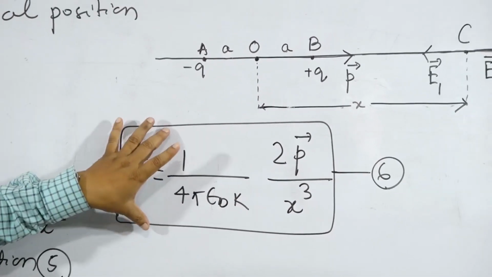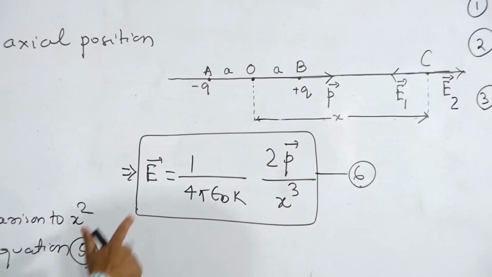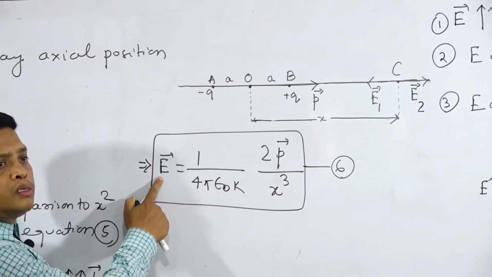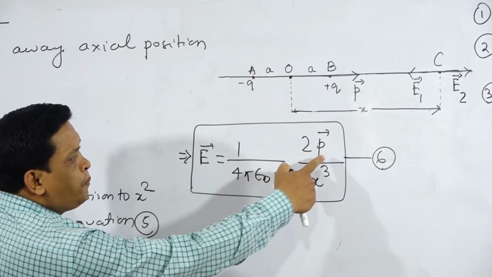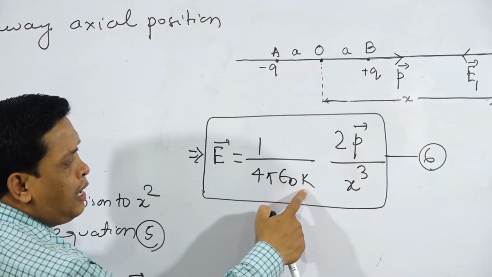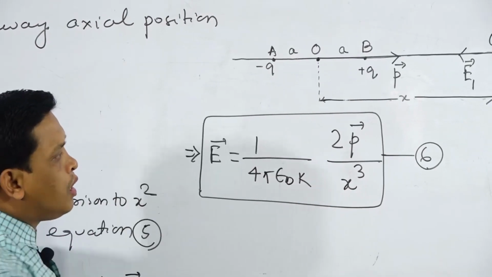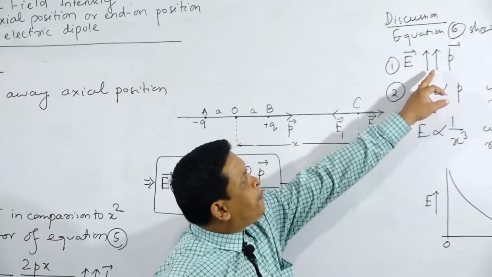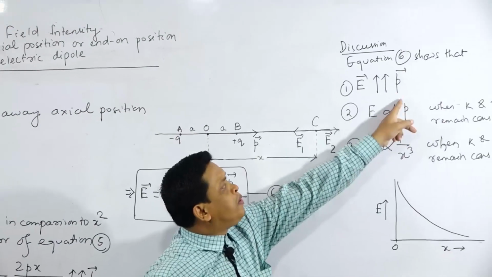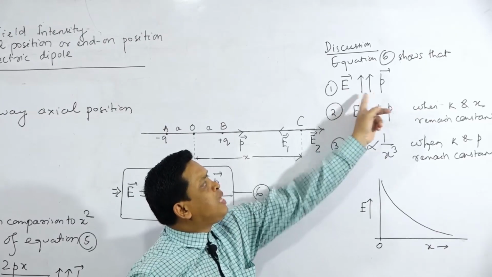Now look at this equation number 6. E vector depends upon 3 factors, that is p vector, k and x. Now E vector is parallel to p vector, that means dipole moment and resultant field are both in the same direction.